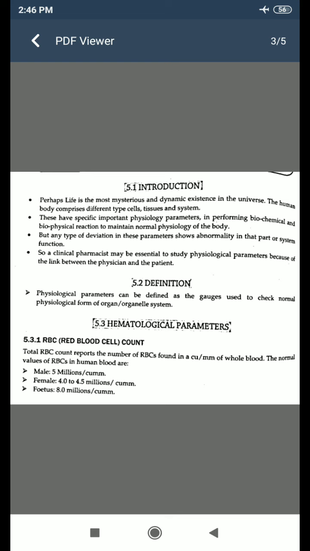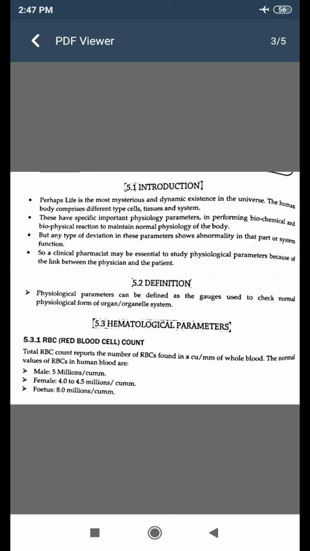Perhaps life is the most mysterious and dynamic existence in the universe. The human body comprises different types of cells, tissues and systems. These have specific important physiological parameters in performing biochemical and biophysical reactions to maintain the normal physiology of the body.